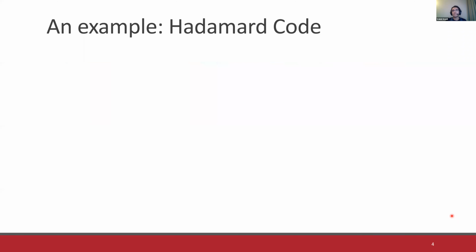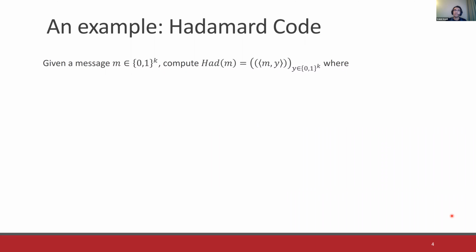A famous example of locally decodable codes is the Hadamard Code. And what is the Hadamard Code? Given a message in {0,1}^k, the Hadamard encoding is to consider all the possible binary strings of length k, and compute the inner product of that message with all those strings.